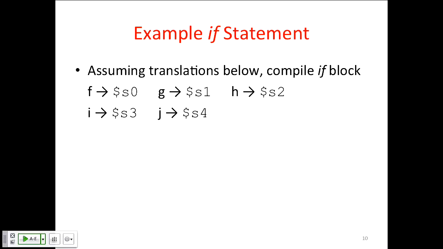But what we're showing here is in this piece of code, I have 5 high-level language variables, F, G, H, I, J, and those are just allocated to these registers, $S0, $S1, $S2, $S3, $S4. Just to remind you again, these names, $S0, are just convenient mnemonics that actually map to some actual register number. I forget what $S0 is. I don't know if it's 15 or 16 or something.